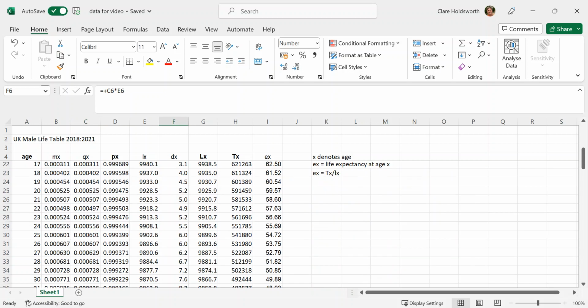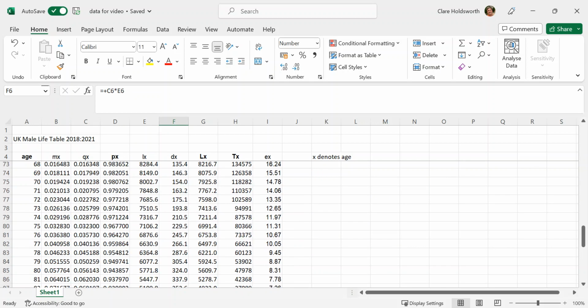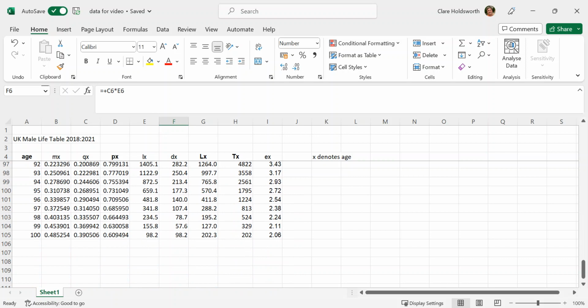I'm just going to scroll down now to the bottom of the life table. When we get to the last age group, which here we've set to 100, you'll notice that the number of deaths at age 100 is the same as the number of people alive at age 100.